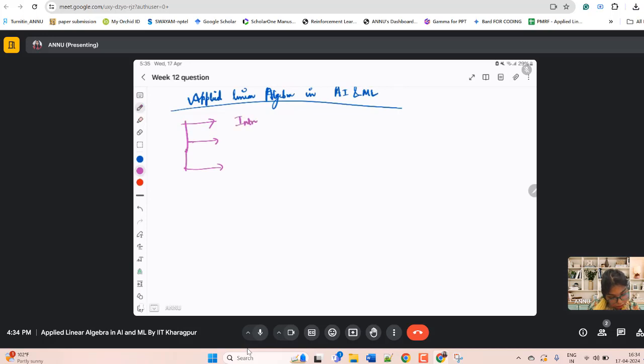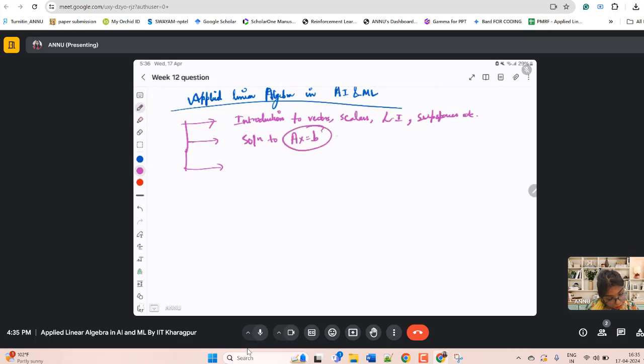introduction to vectors, scalars, linear independence, etc. Especially subspaces, etc. Then this is the most important thing, solution to Ax equals b.